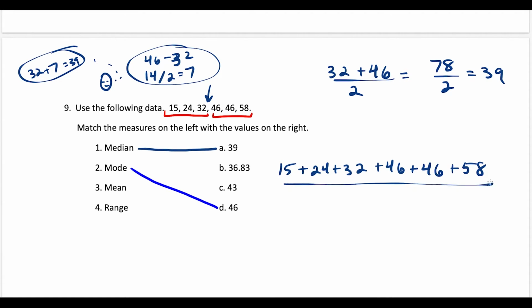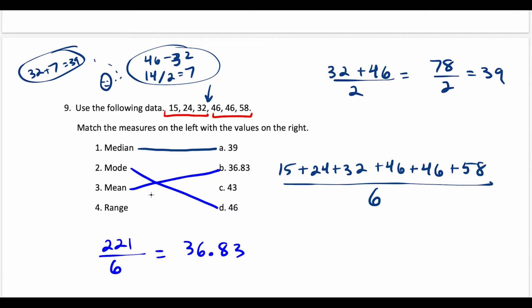And notice that we added together 1, 2, 3, 4, 5, 6 values. So we'll simplify the numerator first. If we add these 6 values together in a calculator, we're going to get 221, and now we divide by 6. So just do 221 divided by 6, and this equals 36.83, and that's going to match up with choice B. So this one matches here.